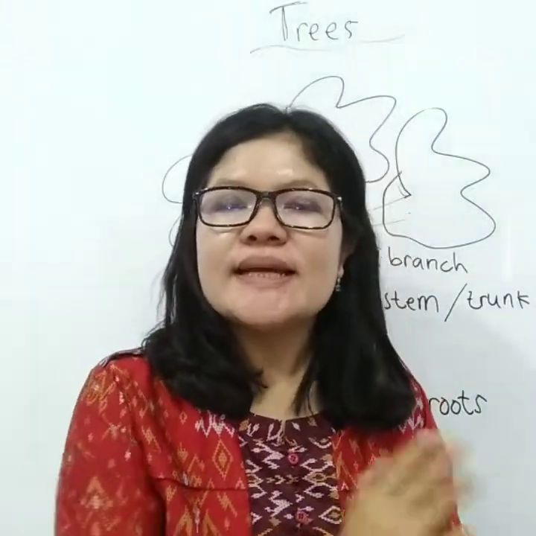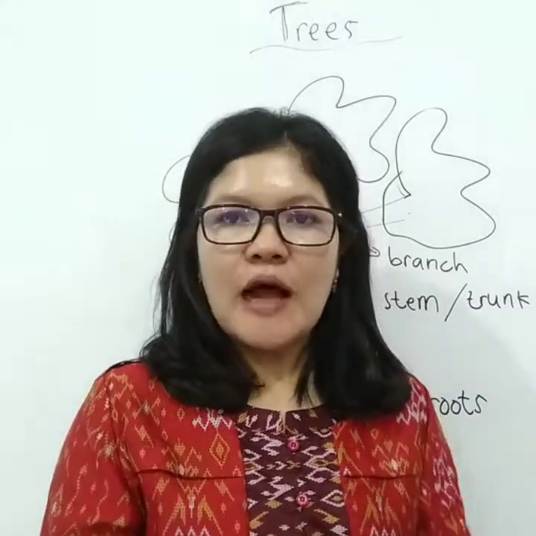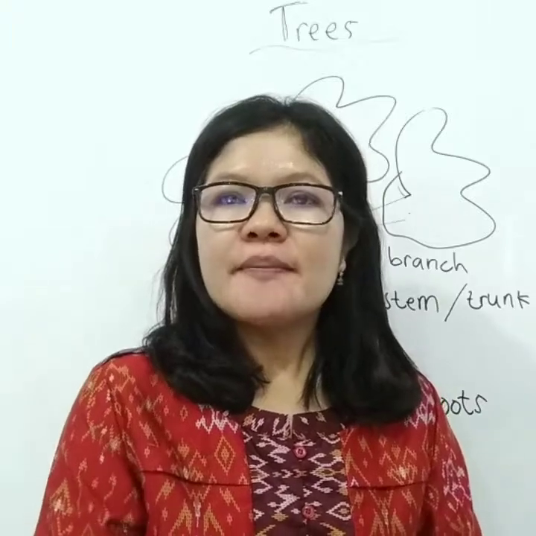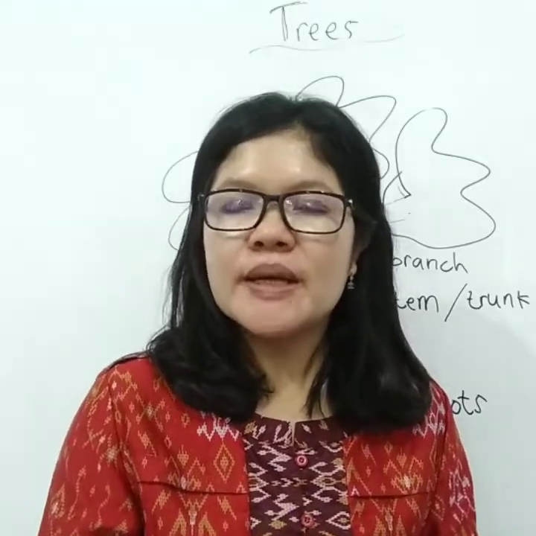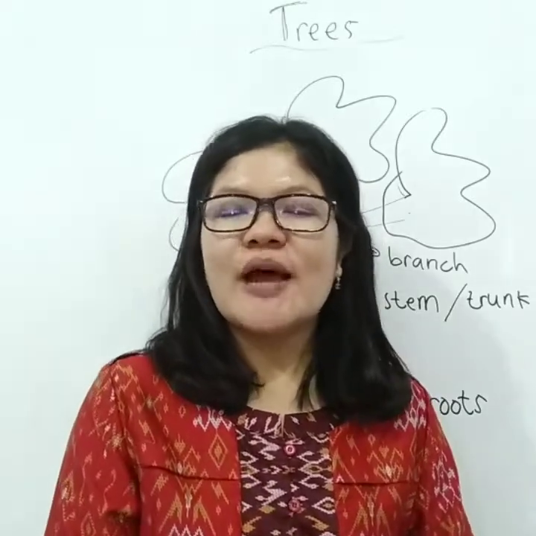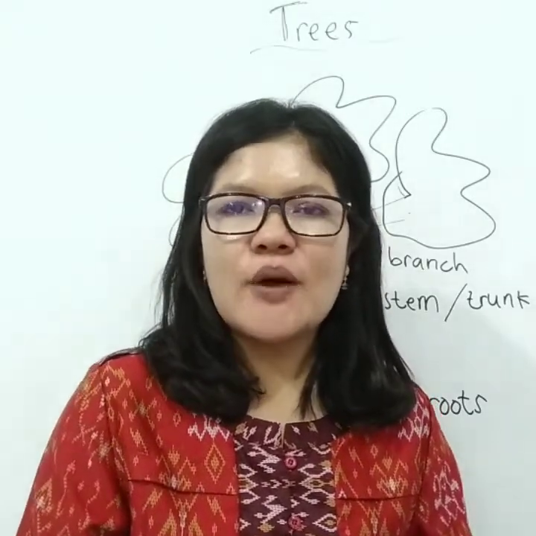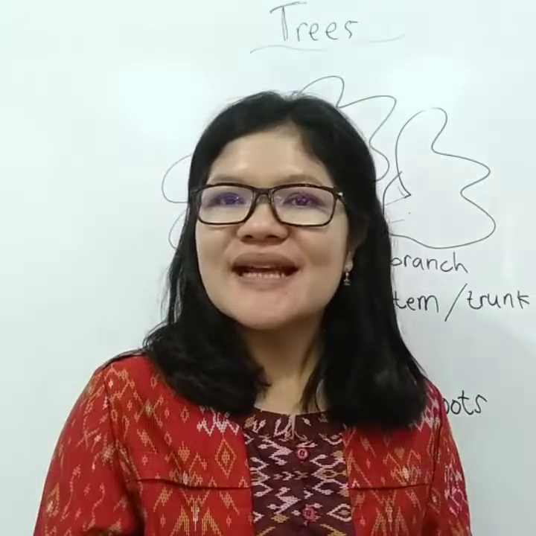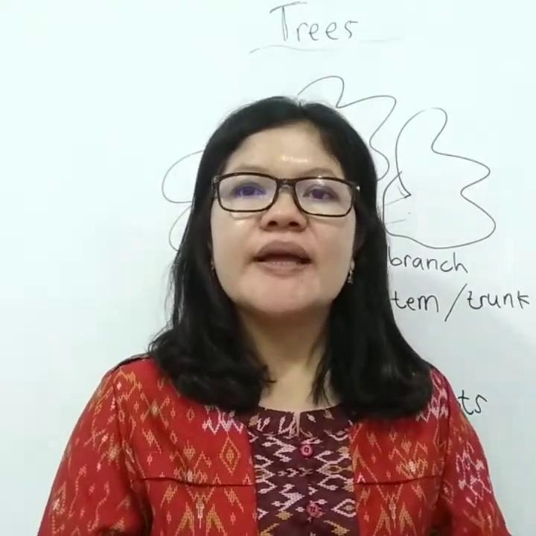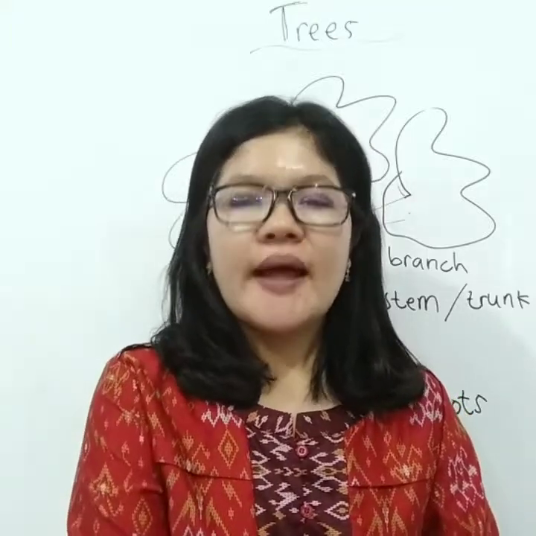Trees may have flowers and also fruits, and the fruits can be used by humans and animals as food. Now we are going to learn about what plants can be eaten by humans and animals.